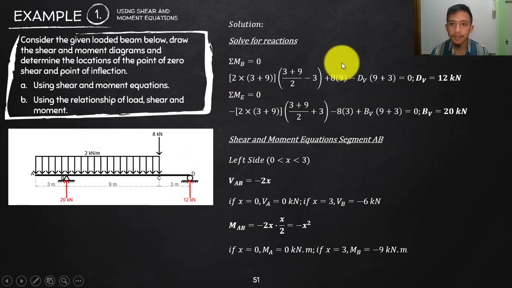Or simply, you can actually consider this as a single load. In the solution here, I consider this one as a single. So compute the equivalent of this. So 2 times the distance, what is that? 9 plus 3 is 12. So 2 times 12. Where is the concentrated load located? At the middle of that.